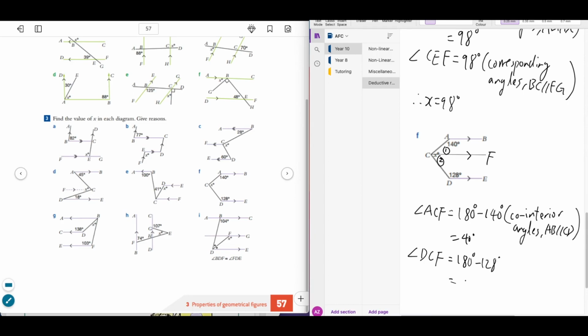And this gives you what? 52 degrees, right? And the reason is the same. Co-interior angles. And the reason is CF parallel to DE, right?